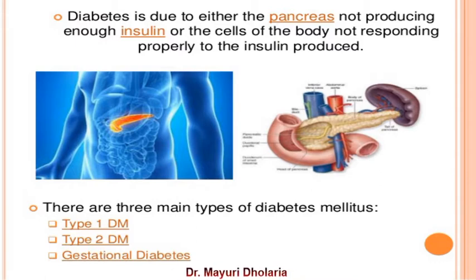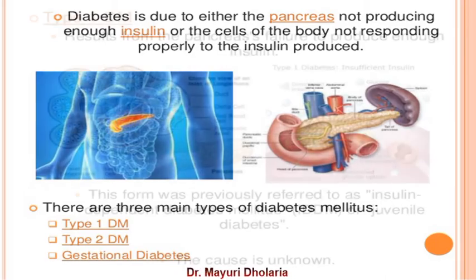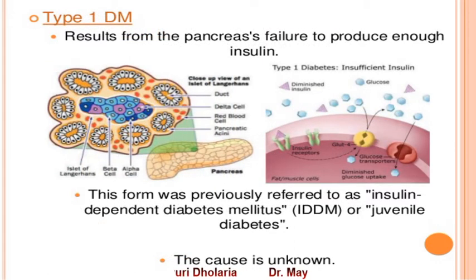Either the pancreas is not able to produce enough insulin, or insulin is produced in normal amount but the cells do not respond to it, or we can say the cells resist the insulin. Insulin, as everyone knows, is a hormone very important to regulate blood glucose value by decreasing it. This is type 1 diabetes.